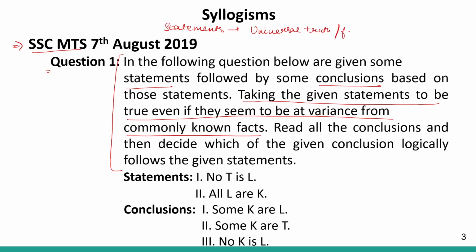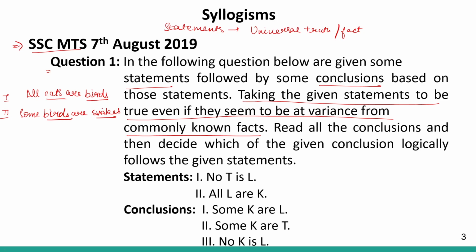So what do you mean by that? For example, if I have 2 statements, statement 1: all cats are birds, and statement 2: some birds are snakes. If you look at these with logic, how can all cats be birds? They are different species. Similarly, how can some birds be snakes?